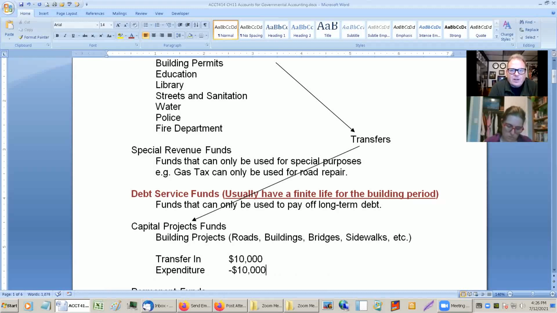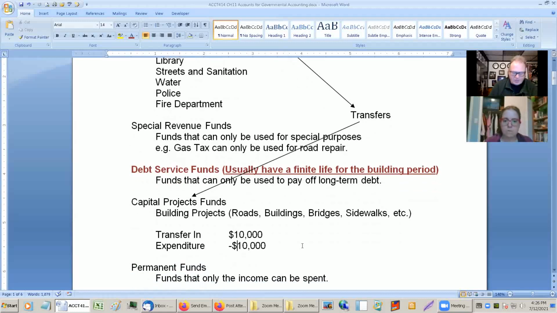And you say, well, the difference there, is that revenue or is that income or loss? You don't have income or losses. If there's anything left over, they would have a fund balance. So let me show you what I'm talking about here. If they did this, let's say they spent 9,500. Okay.